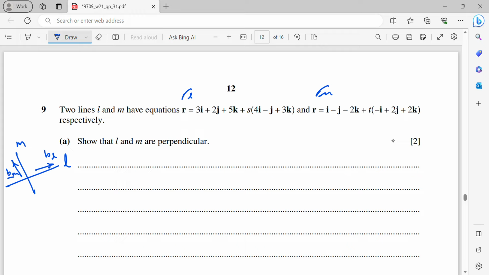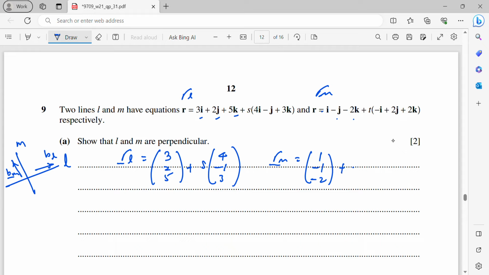Okay, so I will rewrite my rL as 3i + 2j + 5k, that is (3, 2, 5) plus s times (4, -1, 3). Then my rM is 1i - 1j - 2k, so (1, -1, -2) plus t of (-1, 2, 2).